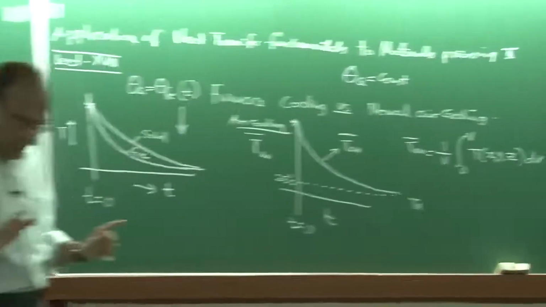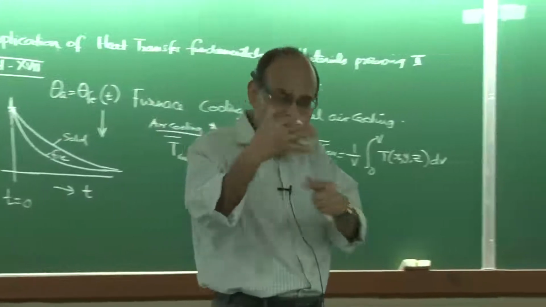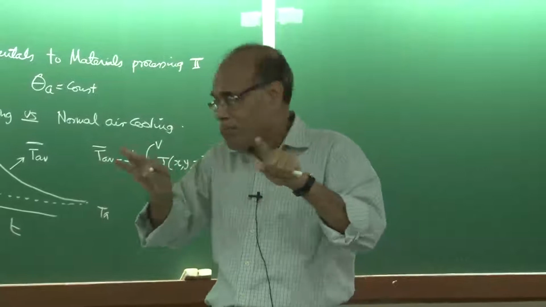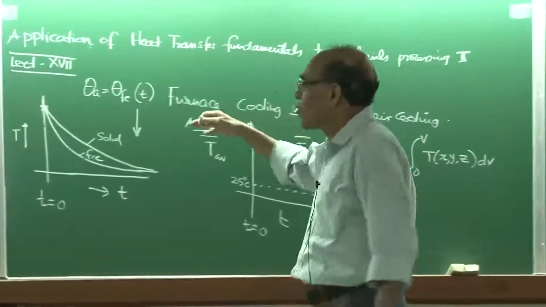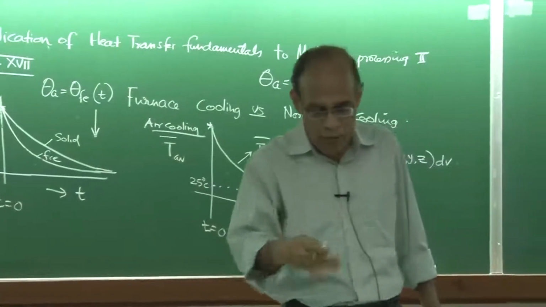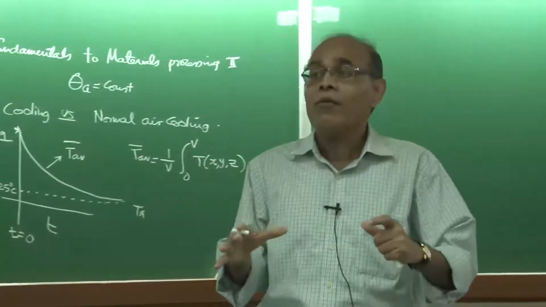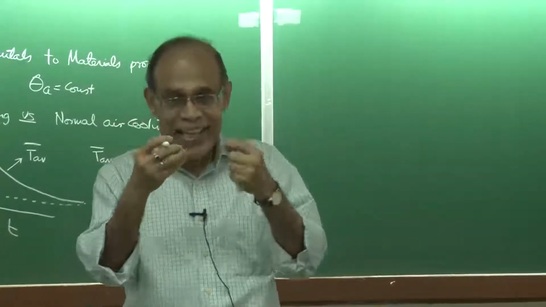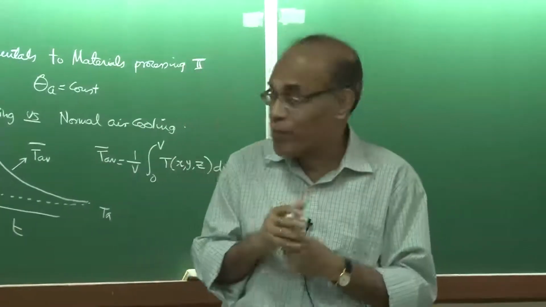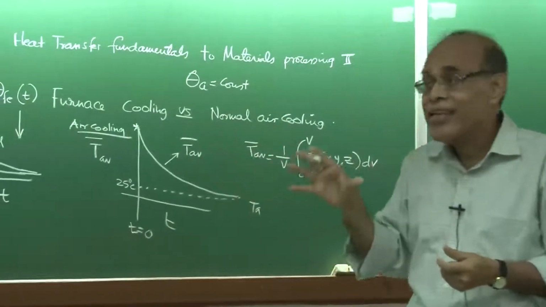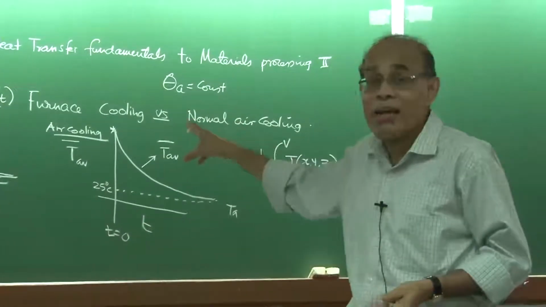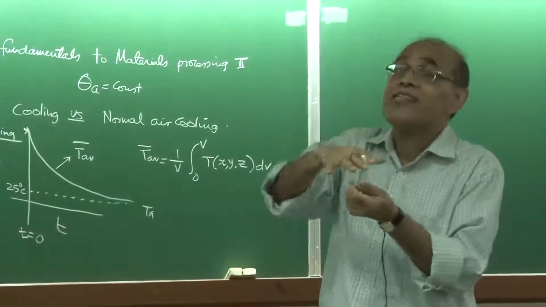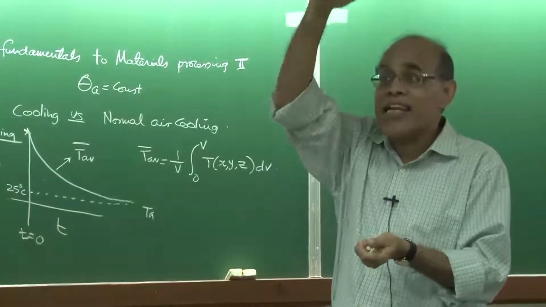So, a furnace cooling operation, as far as heat transfer fundamentals go, let us look at it from a mathematical point of view, or from the heat transfer fundamentals point of view. When you read metallurgical literature, we say that furnace cooling means it is cooling at a lesser rate than normal air cooling, and we understand fundamentally why it is cooling at a lesser rate: because the ambient temperature to which the ingot is subjected during furnace cooling is at a substantially higher temperature and is changing as a function of time.